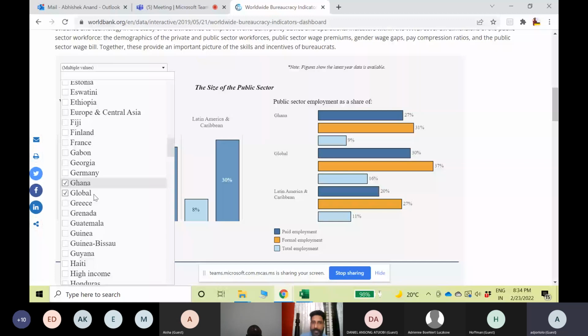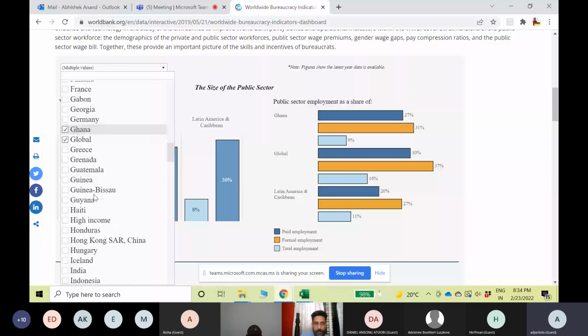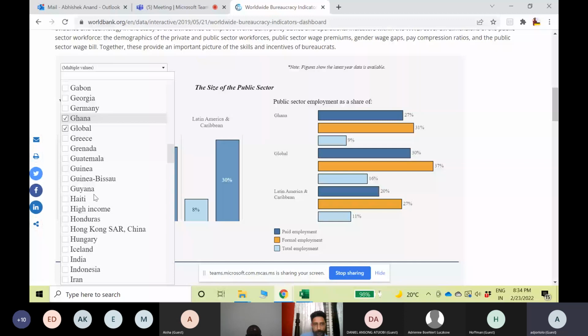If you can suggest any country that you would want to have here, I can just choose that country that you think is similar to Ghana. Do you have any suggestion? What country can we choose? Sierra Leone.